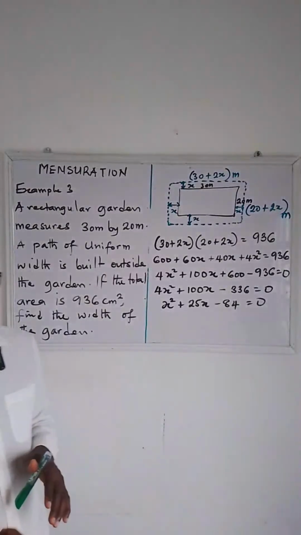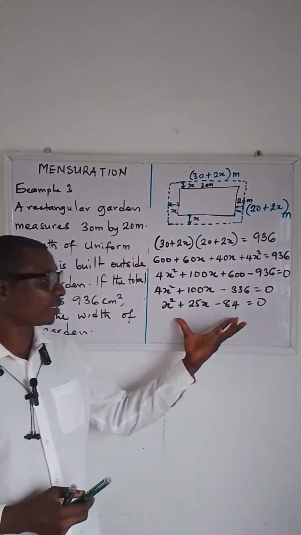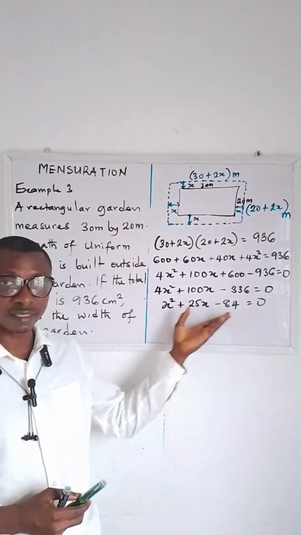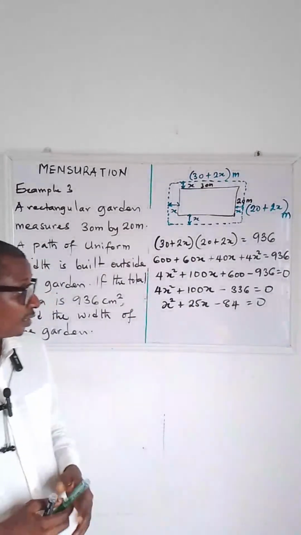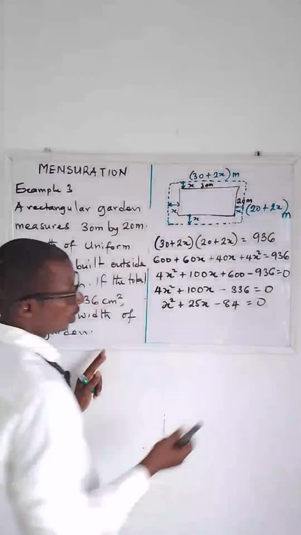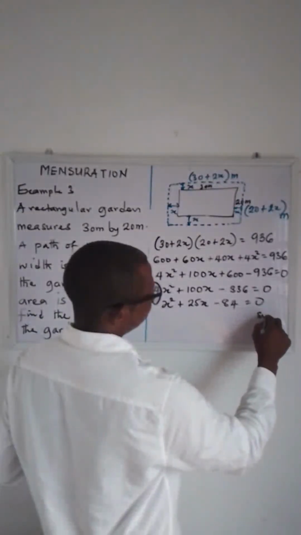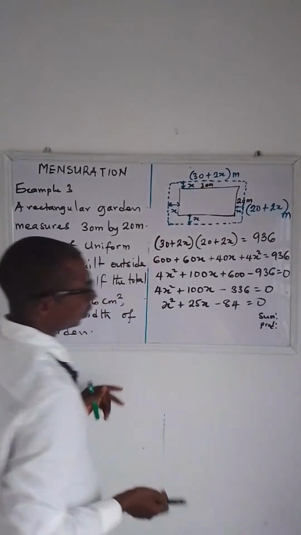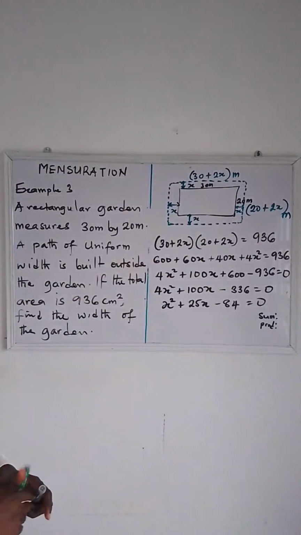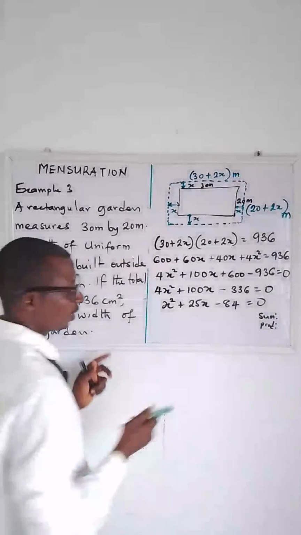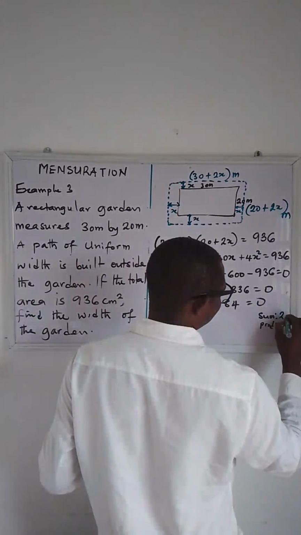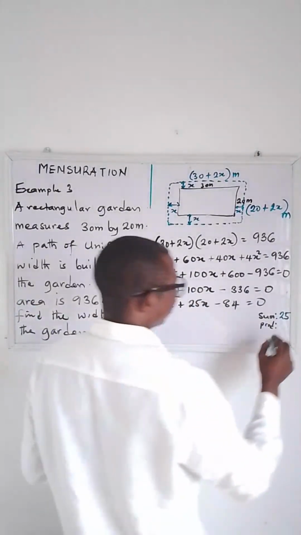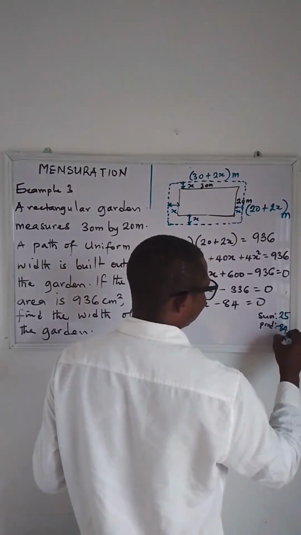All right, what is the next thing? The next thing is to try to factorize the left-hand side if it's possible. So we have sum and product. The sum here is plus 25, while the product is negative 84.